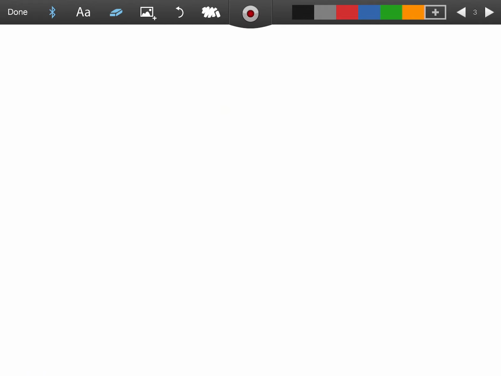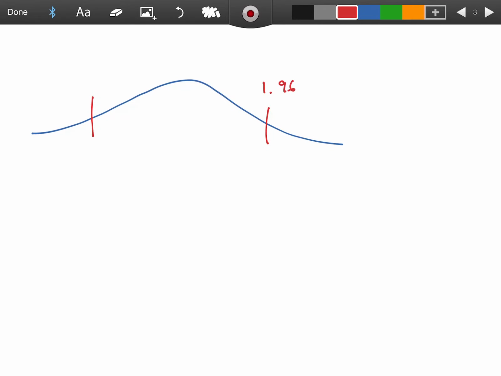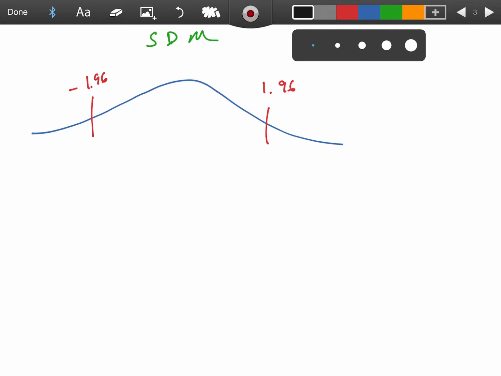So what that means is, in my distribution, I have plus 1.96 over here and minus 1.96. And by the way, this thing that I'm drawing here is the sampling distribution of means. I'm testing the mean that I found in my sample.